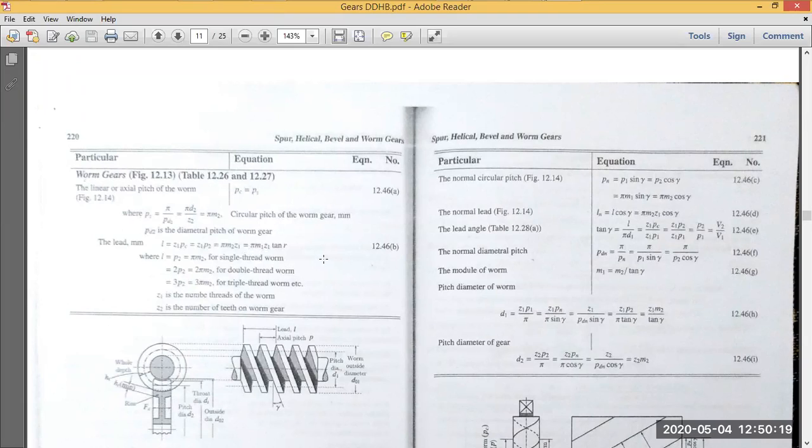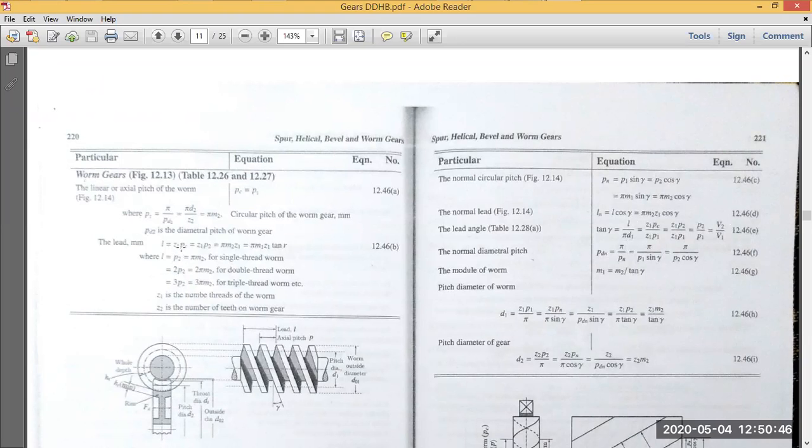Instead of that, what can be done? Okay, L is over here.